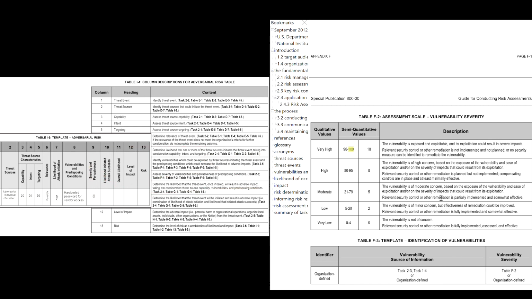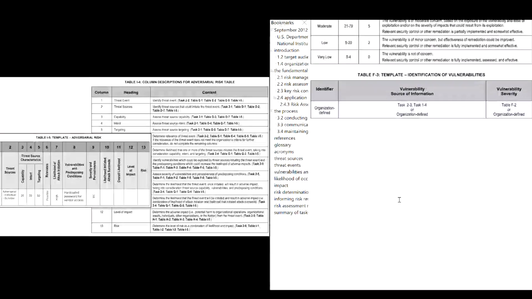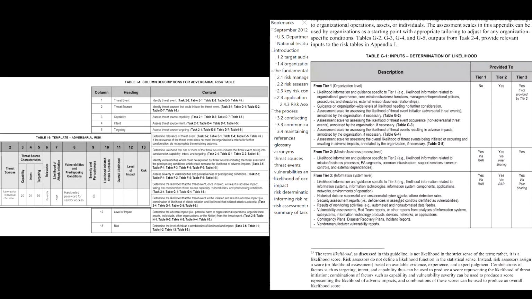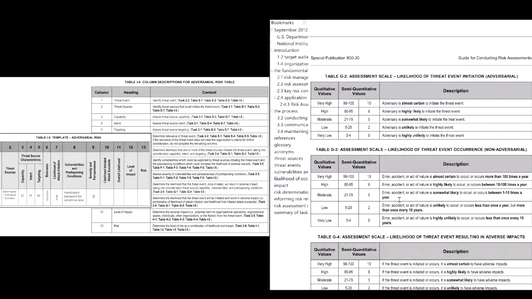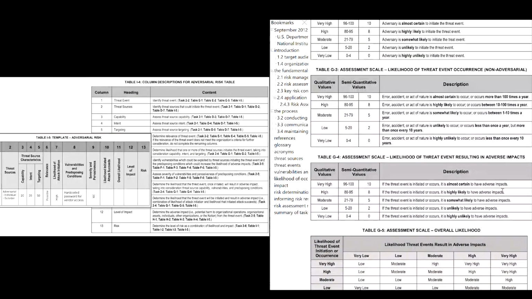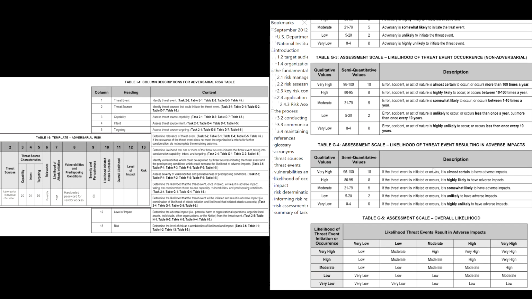Likelihood of the attack succeeding. Let's see, this is at event table G1, moving to G4. This goes back to almost certain to have impacts, highly likely. It is more high level again and subjective.